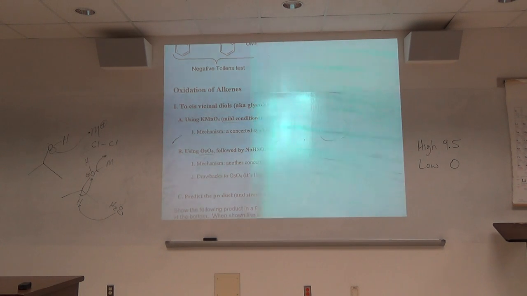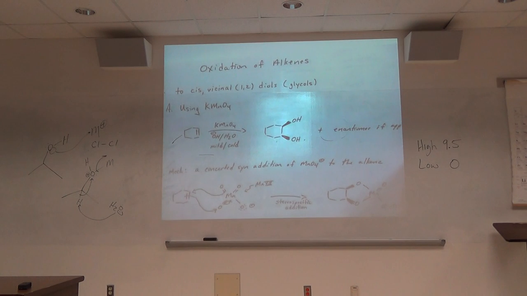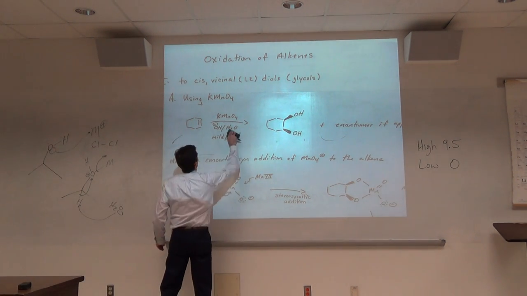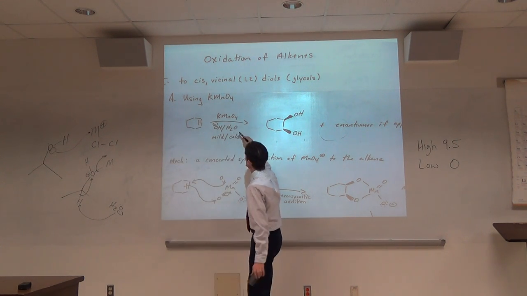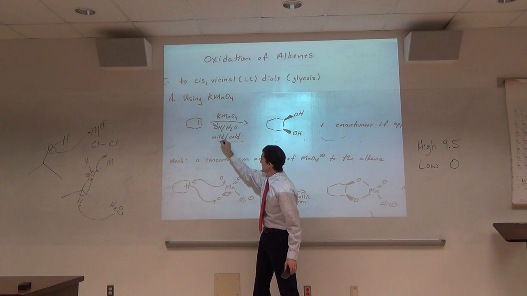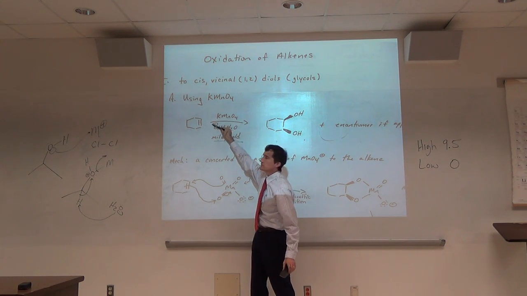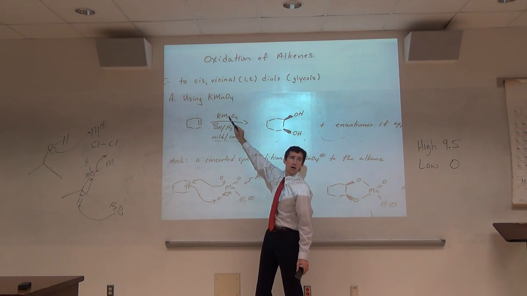We can go to the other page here. So you take this alkene, KMnO4, mild and cold, that'll be important. Usually this is done under basic conditions. You might have learned in Gen Chem that KMnO4 is a much stronger oxidizer under acidic conditions.